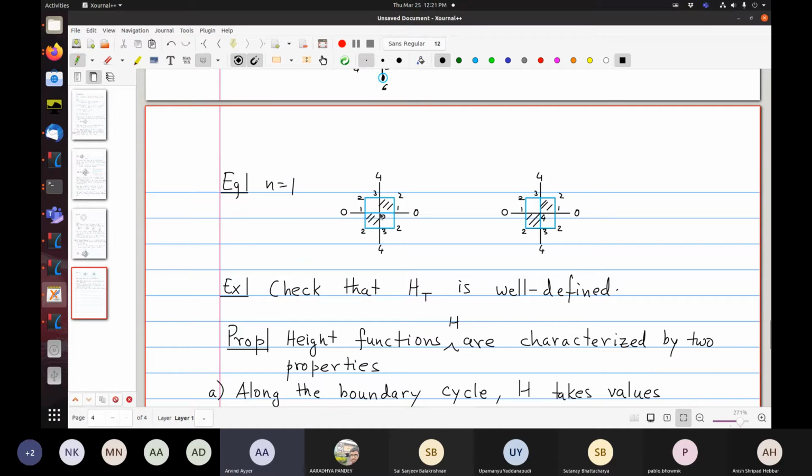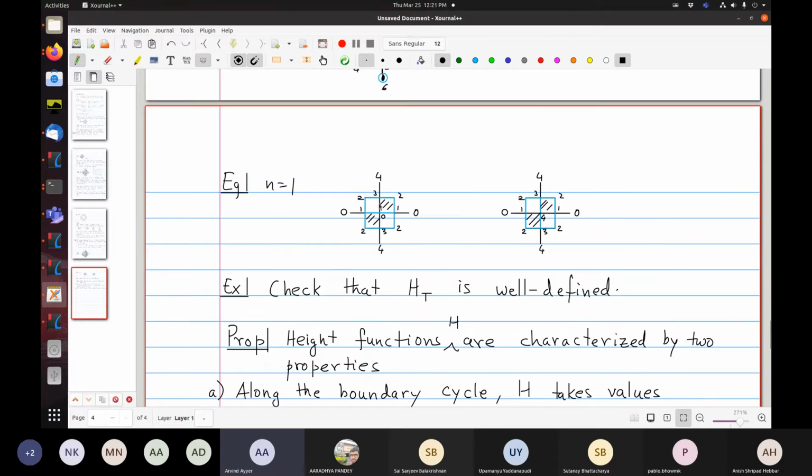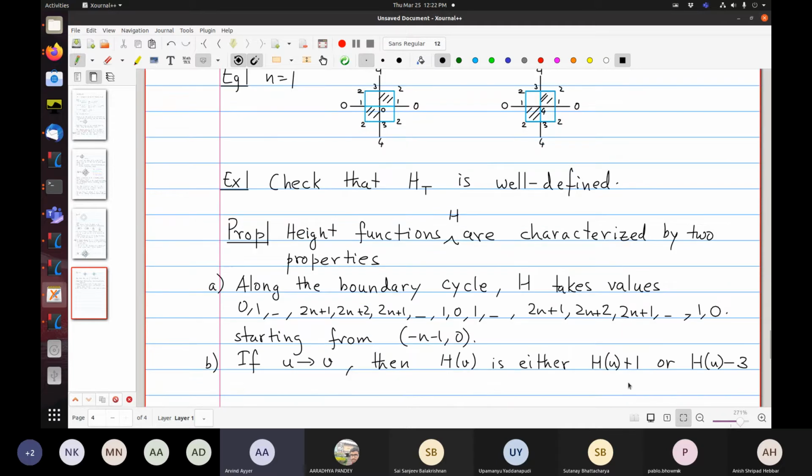So in this example, you see, h of v will be h of u plus 1 if uv is a boundary of a domino, right? That's by construction. But if it is not, as I just said, these edges are not. In that case, h of v is forced to be h of u minus 3.